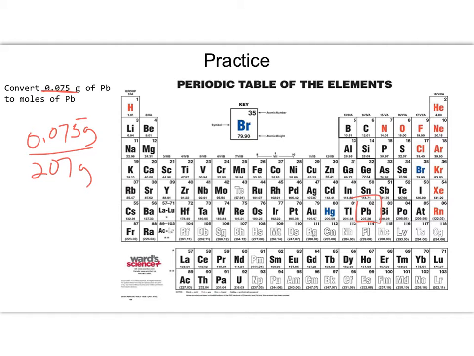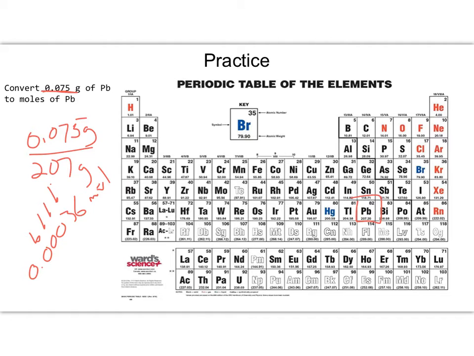So take 0.075, divide it by 207, and we get 0.00036, and it goes on. Okay, I'm rounding. Moles. So that's 3 10,000ths of a mole, which is a really small number, and it's a small amount, right?